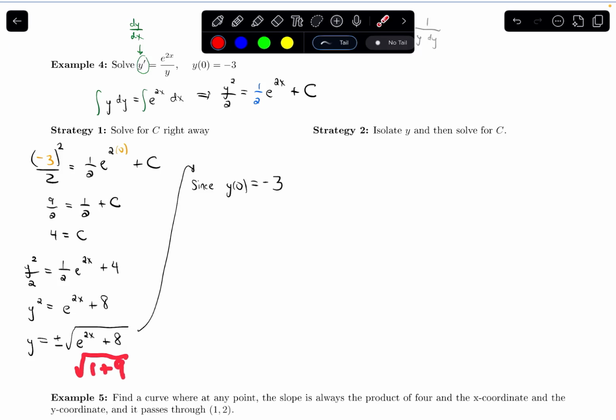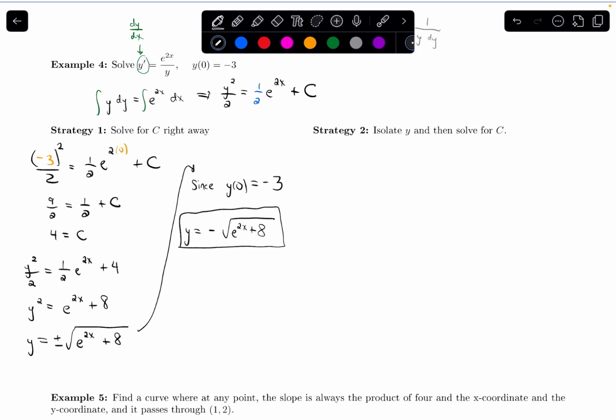For that to end up equaling negative 3, because I need y to be negative 3, it's got to be a minus in front of the square root. So that's how I know for this problem that y equals negative square root of e to the 2x plus 8. And that's my answer. That is my function y that satisfies this differential equation.